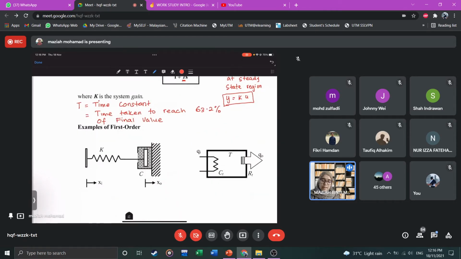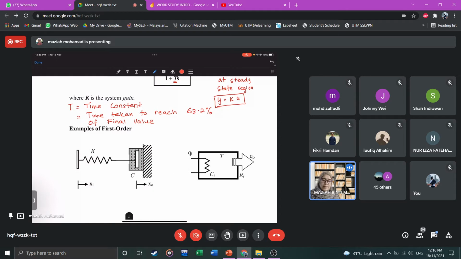Okay, the example of a first order system is the spring damper system. You already derived this system. You will see that the highest order for the ODE is the first differentiation. We only have C dy/dt here, so that is the highest order, and it becomes a first order system.